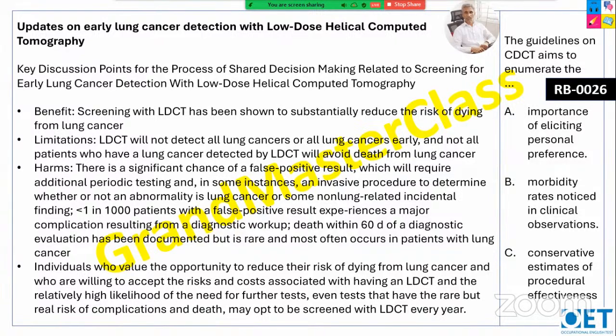Not all patients means there are some chances it will not detect. Most of the lung cancers it will detect, most of them early, and most of the patients who have a lung cancer detected by LDCT will avoid death.